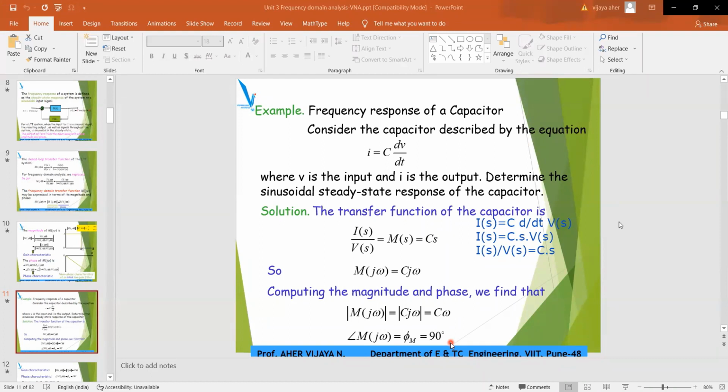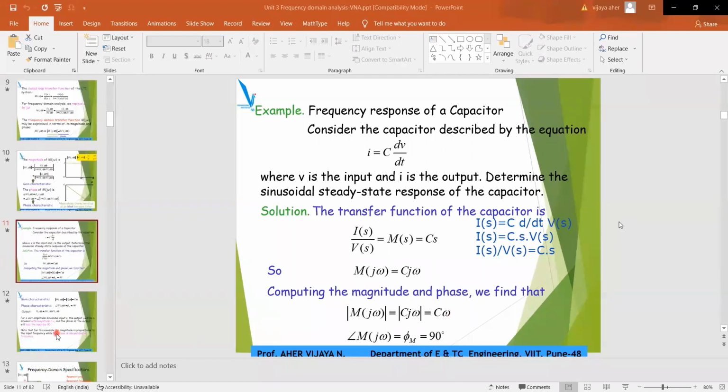So you got the amplitude or magnitude and phase for the capacitor. Okay. So what is the magnitude? Magnitude is equal to C omega and phase is equal to 90 degrees. There is a 90 degree phase shift between input and output. Now this is how you can solve the example.